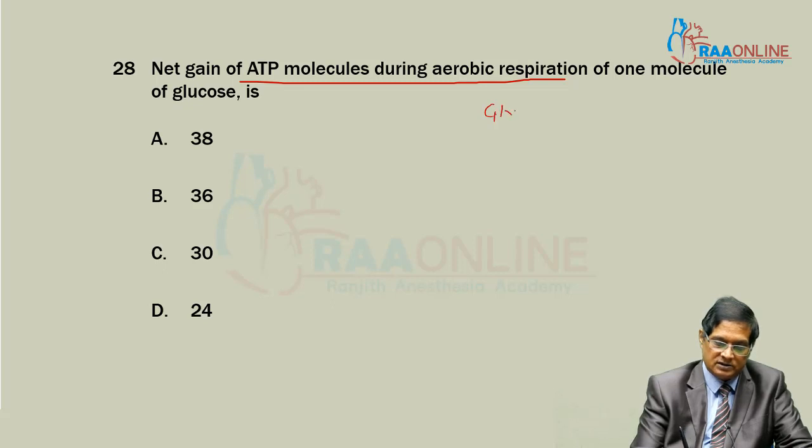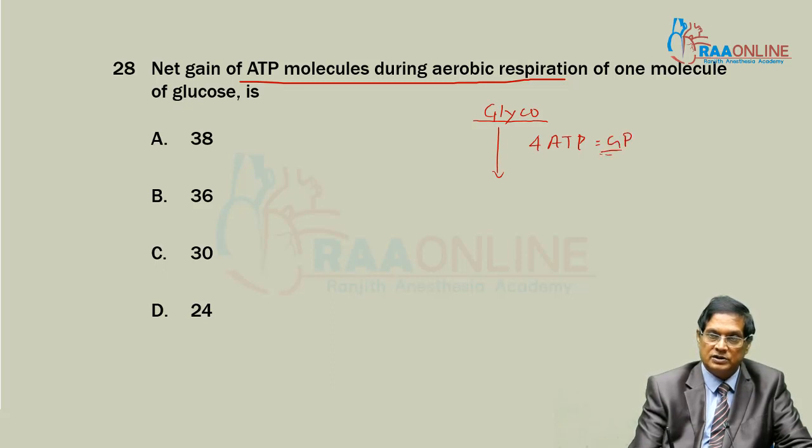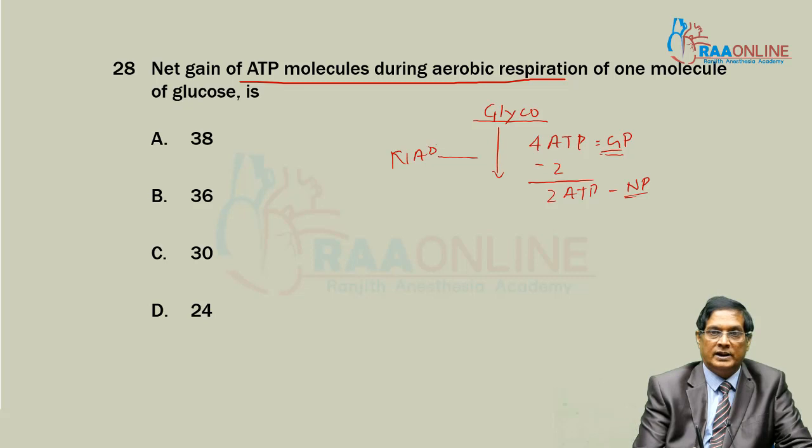In glycolysis, 4 ATP are produced, that is gross production, minus 2, so 2 ATPs are net production. In addition, 2 NADH2 are also formed.